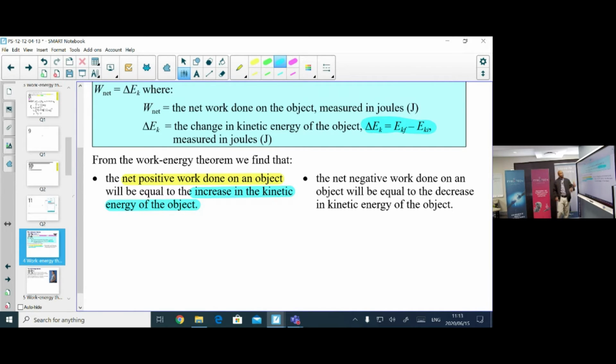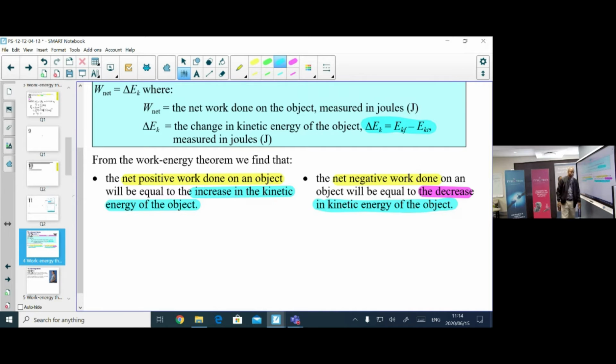What about the negative work done on an object? This one is responsible for the decrease. In other words, the net negative work done on an object will be equal to the decrease in the kinetic energy of an object. I need you to bear this in mind.